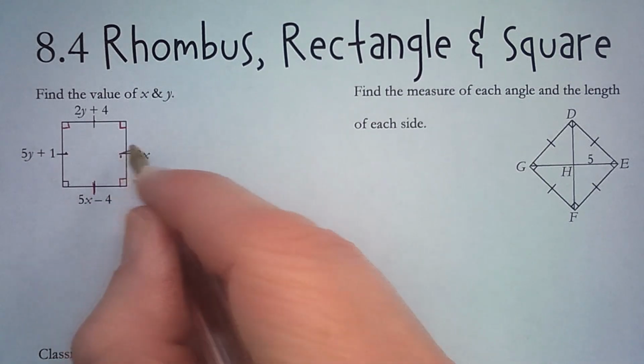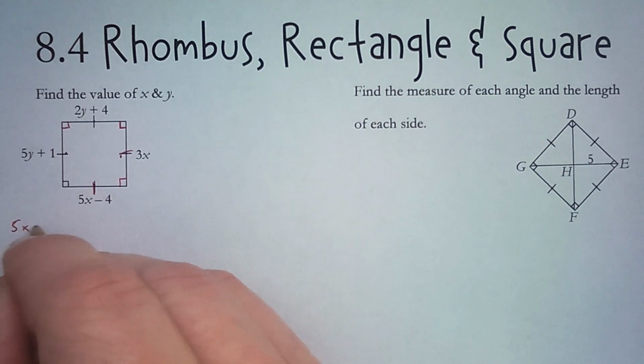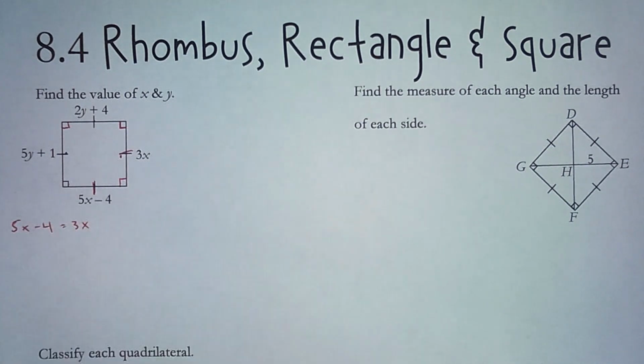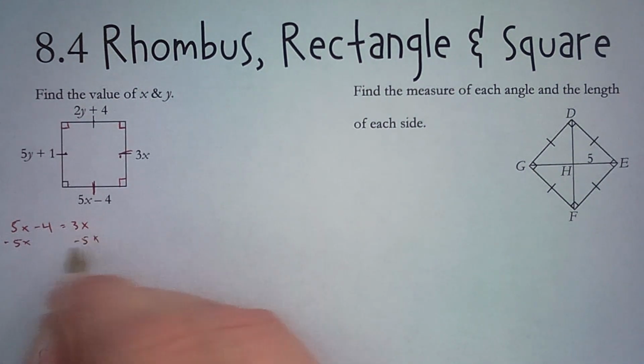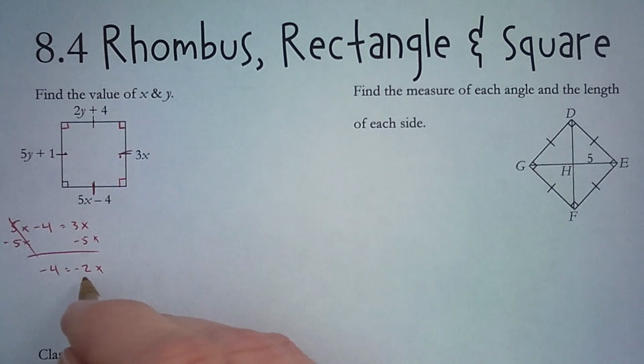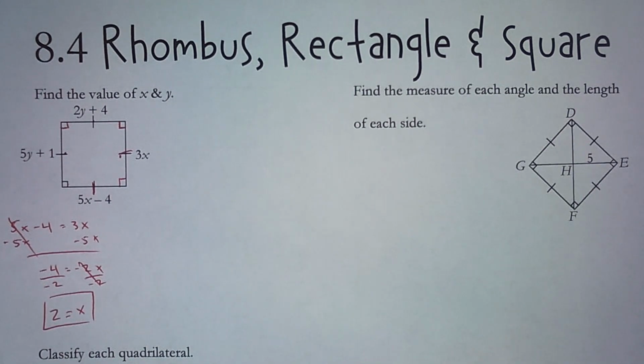Because these are congruent, I know these are equal lengths. So 5x minus 4 is equal to 3x. I can subtract 5x from both sides. So negative 4 equals negative 2x. Divide by negative 2, and I get x is 2.